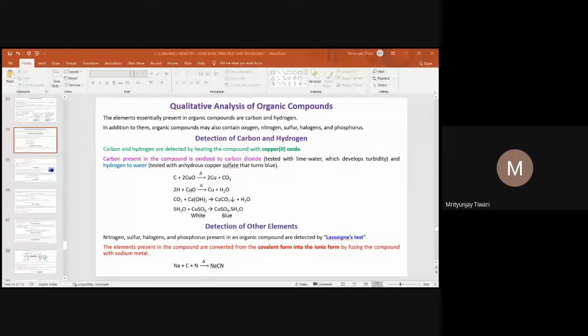We can apply the ideal gas equation P1 V1 divided by T1 is equal to P2 V2 divided by T2. One condition we keep for the STP, and another condition we keep for the experimental condition: the temperature at which this gas is collected here, and also the pressure at which this gas is collected here.